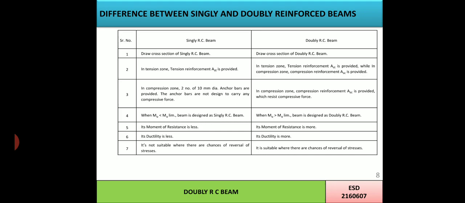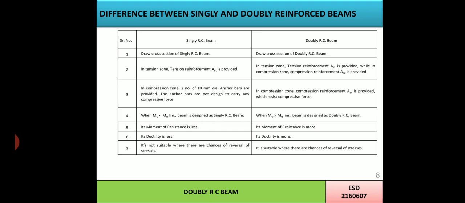The anchor bars are not designed to carry any compressive force. See, we had already discussed compression force is not required in case of singly RC beam, but we need to provide two anchor bars to support the stirrups which are provided in the beam for the shear reinforcement. While in case of doubly RC beam, in compression zone, compression reinforcement is provided which will resist the compression force because it is a requirement criterion.